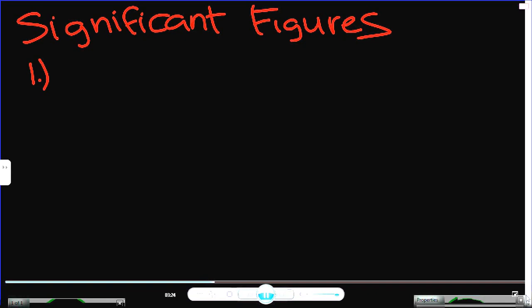figures. Now, there's four basic rules that you're going to want to keep in mind when you go through identifying significant figures. And so let's talk about those rules briefly as we get started with some of these questions. First, all non-zero numbers are significant. Zeros between non-zeros are significant.